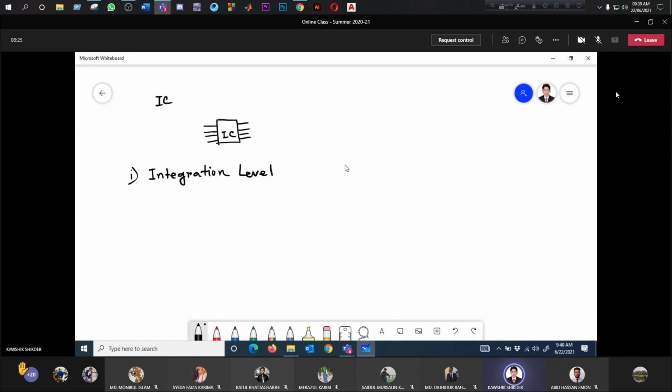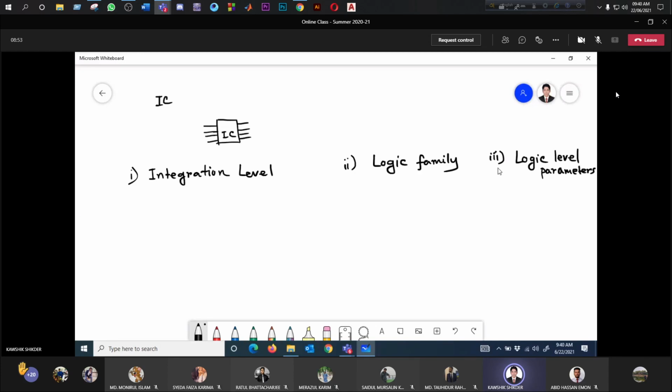Number two, that is logic family. Number three, logic level parameters. And number four, that is performance parameter.